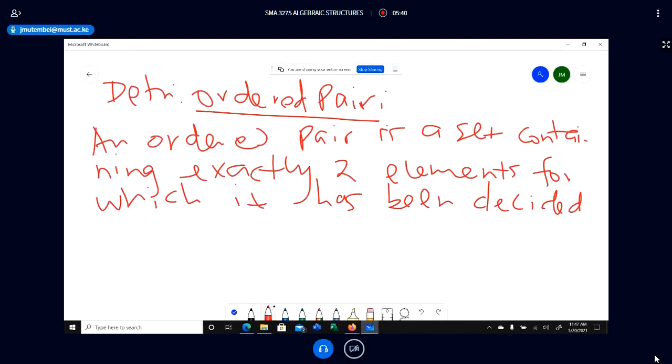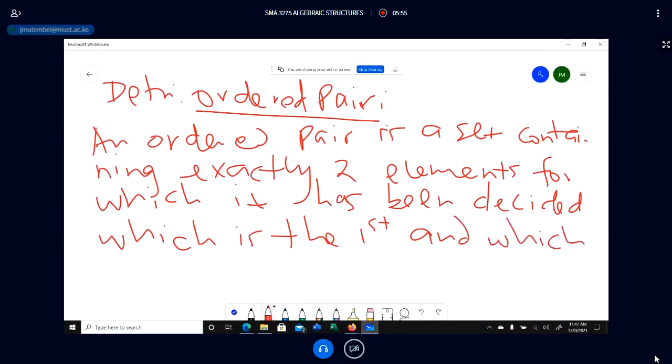So it has been decided which is the first and which is the second in that pair.